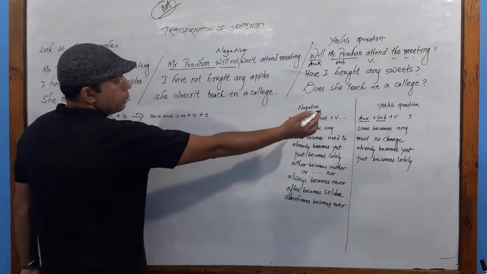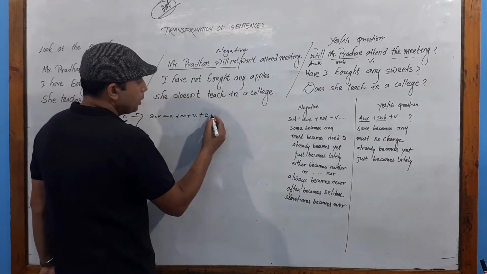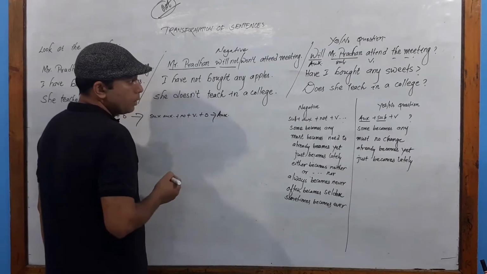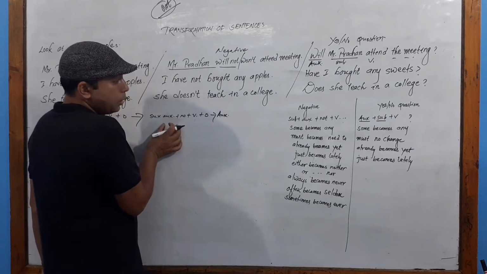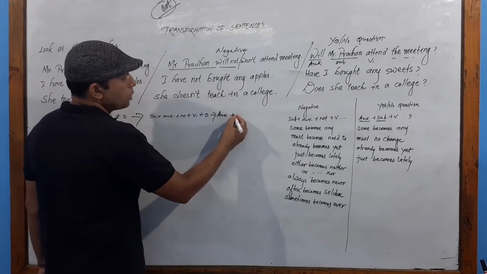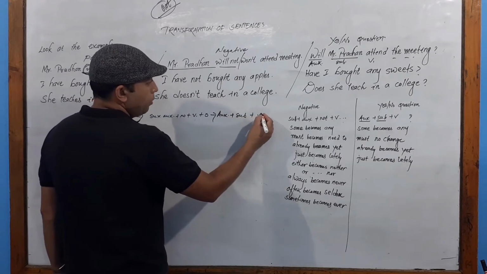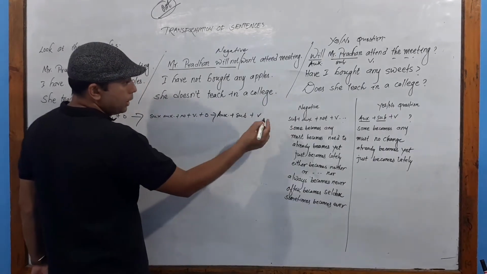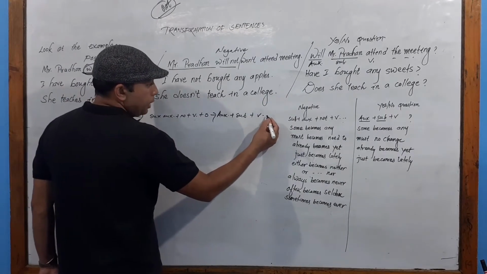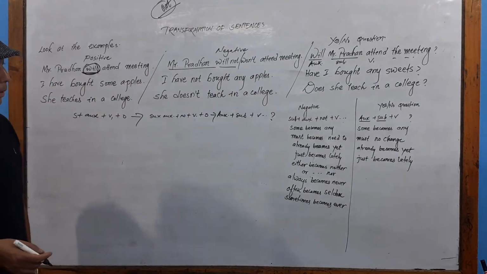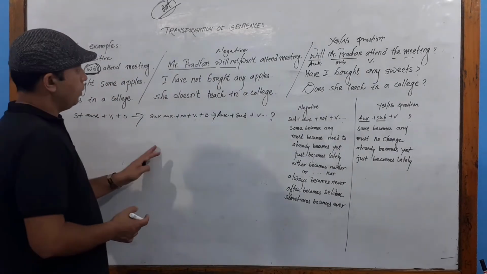Then yes no questions will be auxiliary verb. त्यही auxiliary verb हामी लेख्छौं, and then we use subject and then we use verb. बाँकी रहेको अब्जेक्टहरु के छ त्यो लेख्ने, and then question mark आउँछ. Yes no questions.